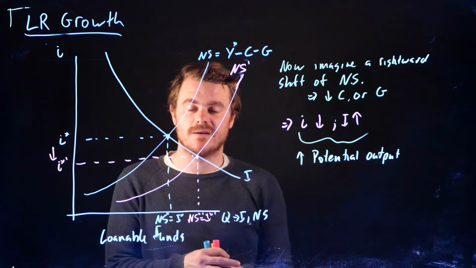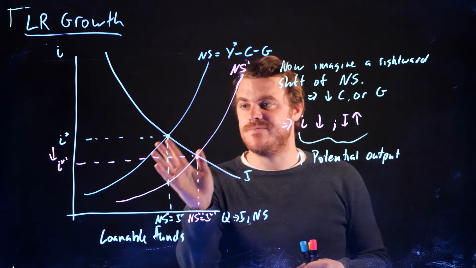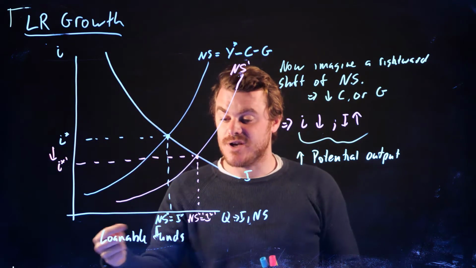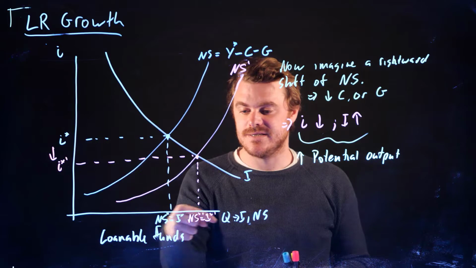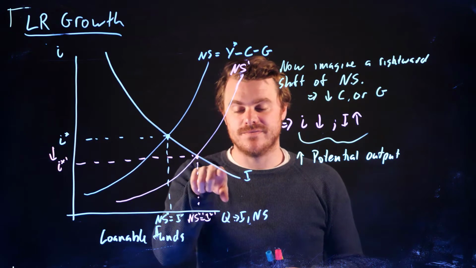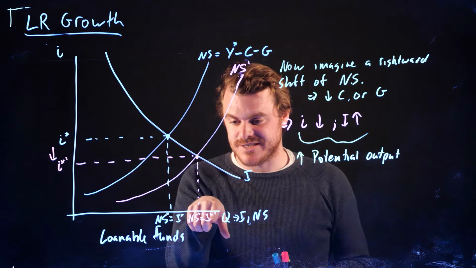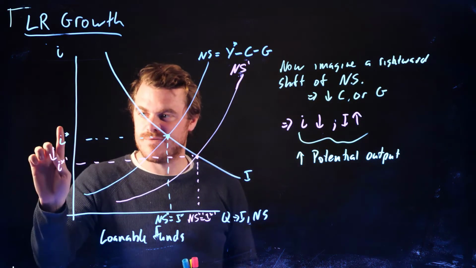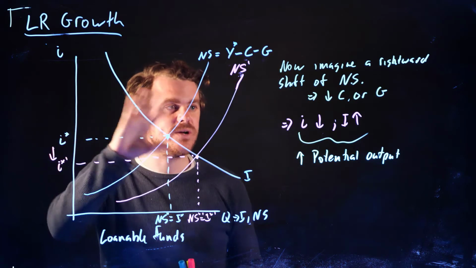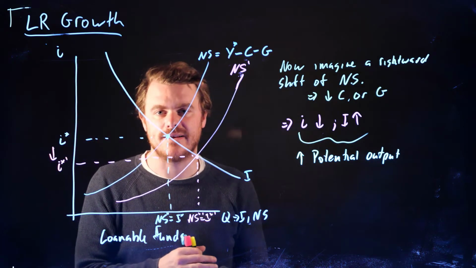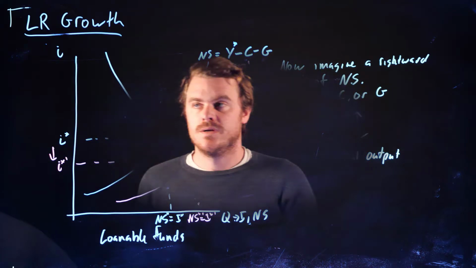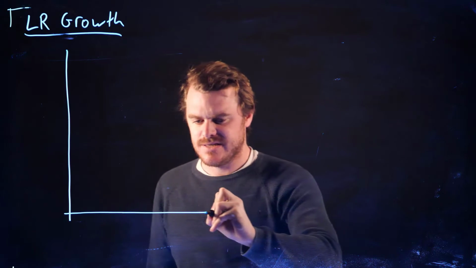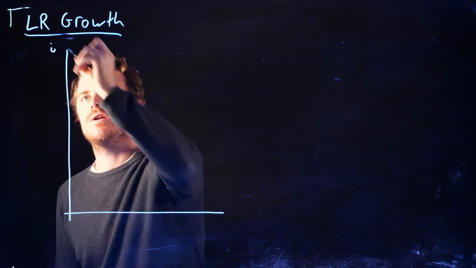The other way we can think about it is if the demand for investment increases. Let's quickly erase this and talk about that, because that's also going to cause an increase in our equilibrium level of national savings equal to investment. However, in this case, the interest rate is going to go up. Let's draw out that diagram. So again, let's put our little I up here.